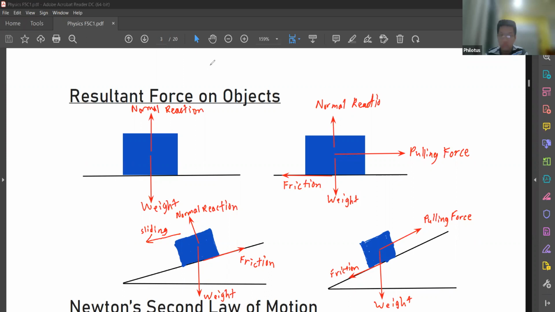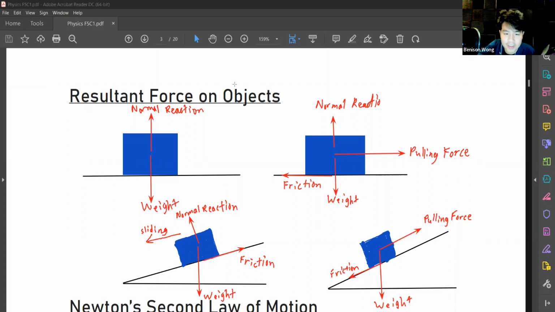Other than weight, what other forces do we have? Zekai, do you want to give me an answer? What about Philotis? What other forces are acting on this object?